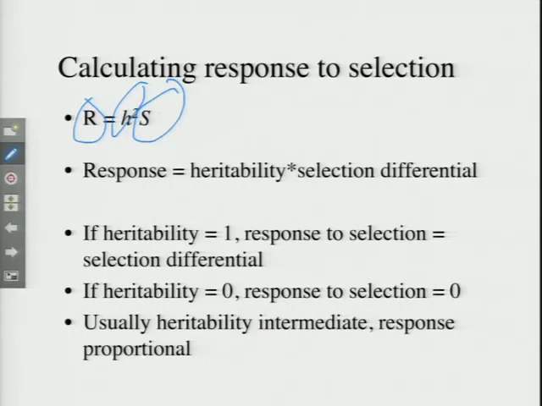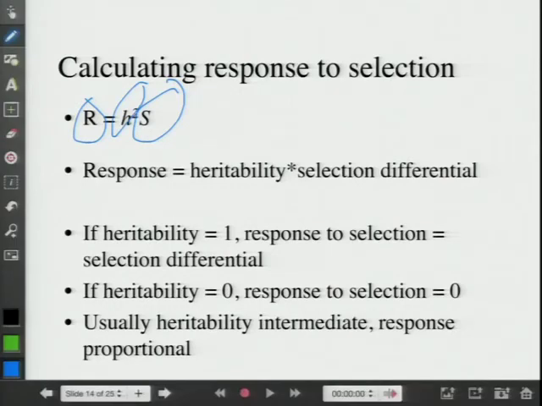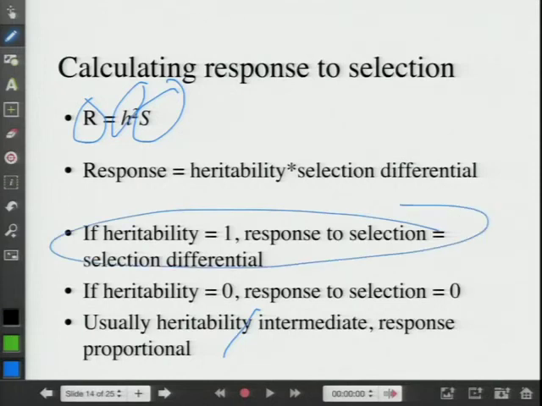The offspring are only going to differ from their parents to the degree that what was selected upon had some basis in genetics. So if the heritability was 1, then the response to selection is the same as the selection differential.